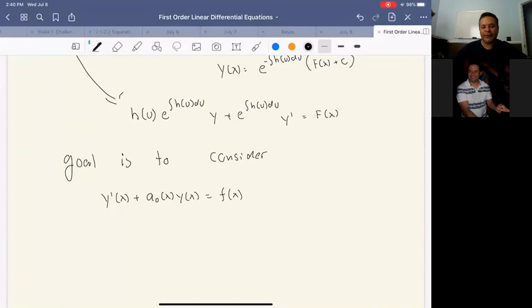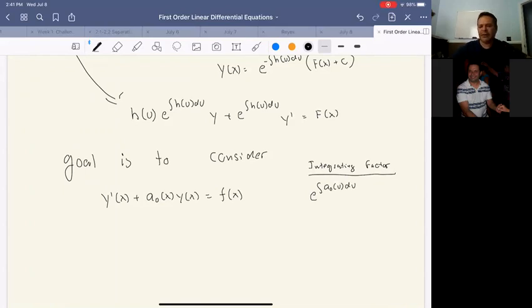Let's assume that we have a situation like this. What we can do is multiply by what's called an integrating factor. Our integrating factor is going to be e to the integral a0 of u du.